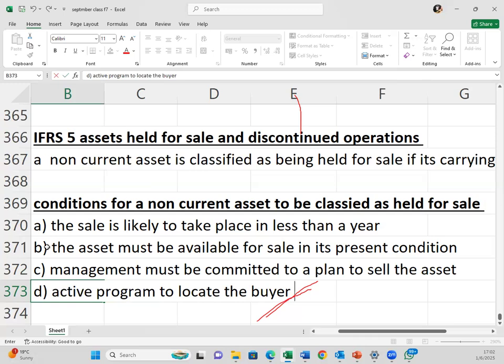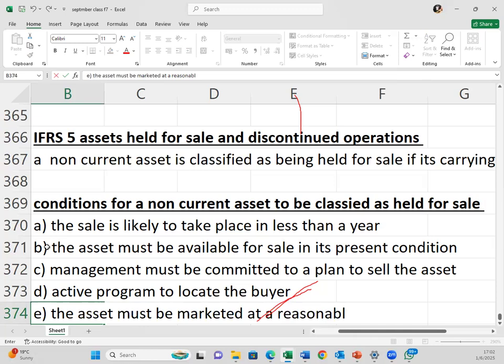And lastly, maybe we can talk about the price. The asset must be marketed at a reasonable price. That's another condition that must be present.